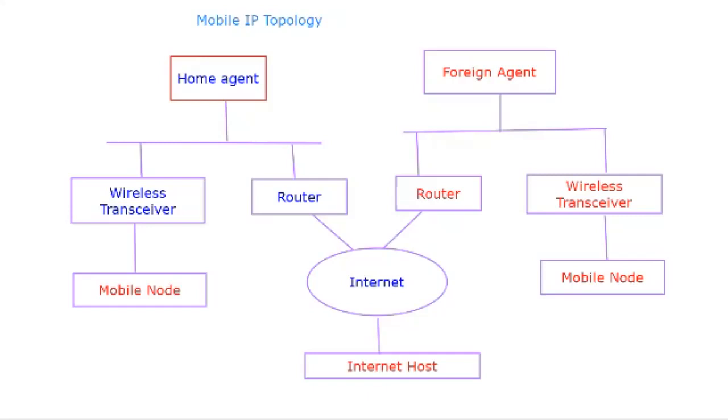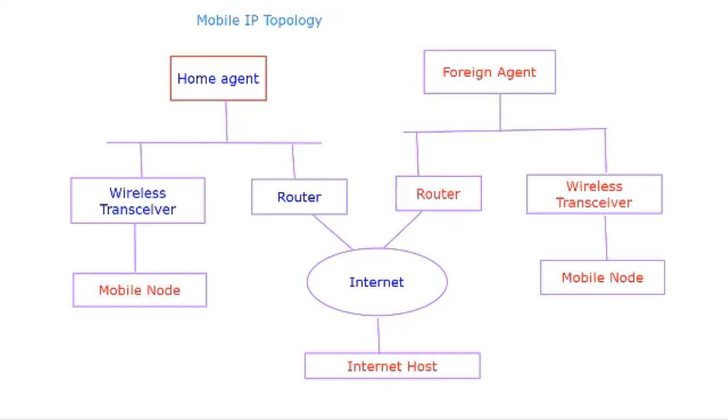The internet host sends a datagram to the mobile node using the mobile node's home address, through the normal IP routing process. Understood? That is, the internet host sends a datagram to the mobile node.